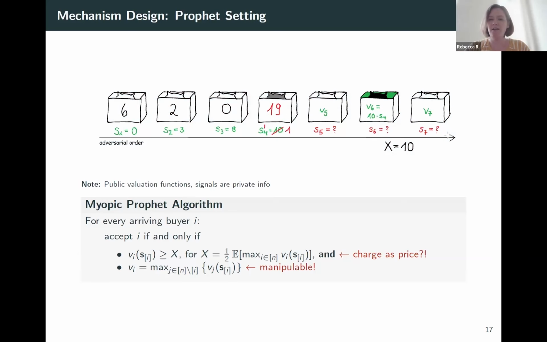So he might just say, oh no, my signal is 1. This would make the value of the 6th buyer only 10. And now, even if the misreporting also changes the value of the 4th buyer, remember we don't have single crossing or the like, even if so, he might suddenly win the game, and we want to keep that from happening.